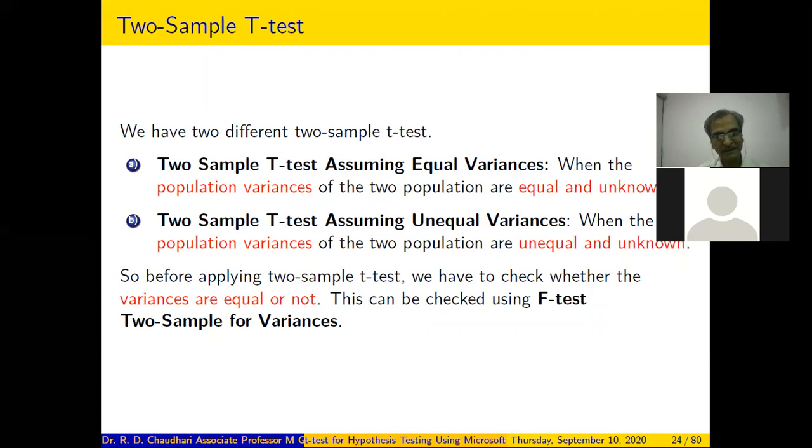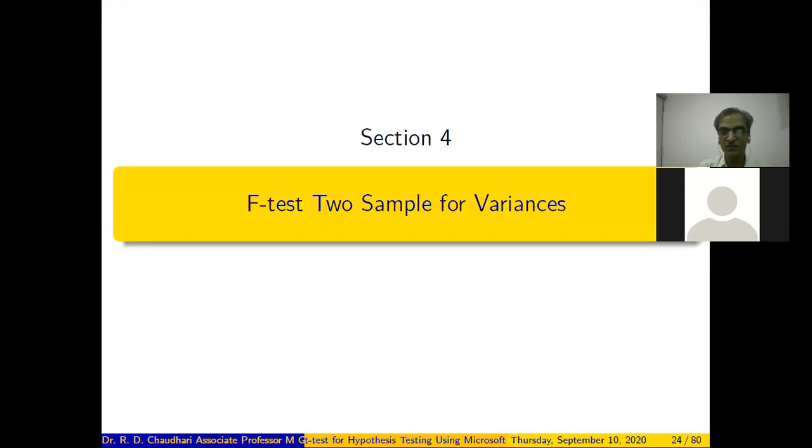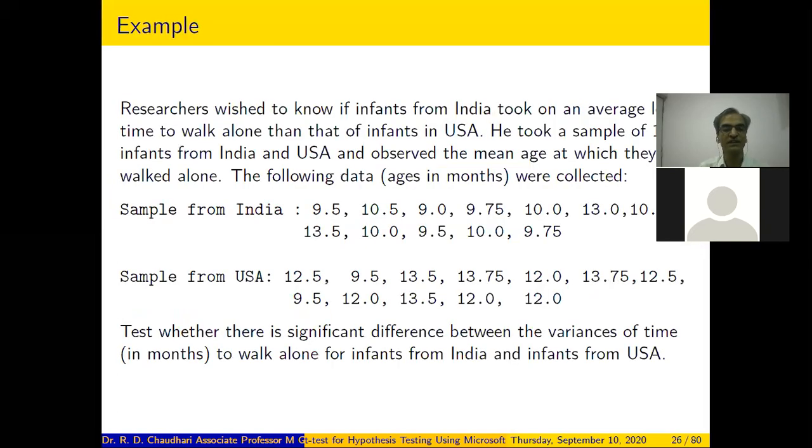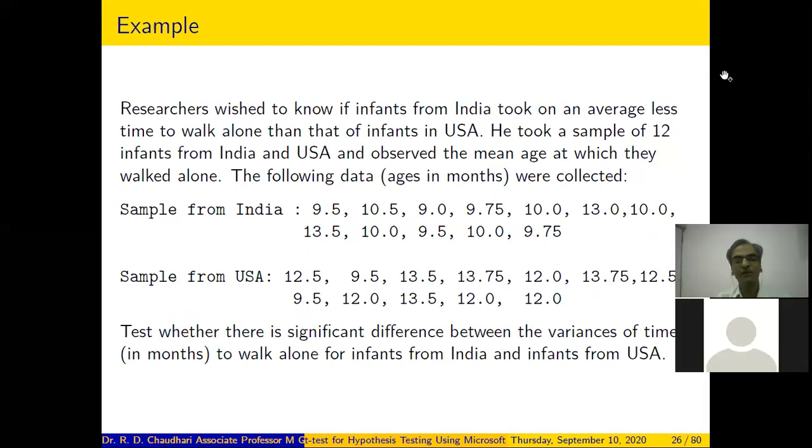This can be checked using the F-test two sample for variances. So let us see how to test the hypothesis about the two variances using the F-test. Let us see this with the help of an example.